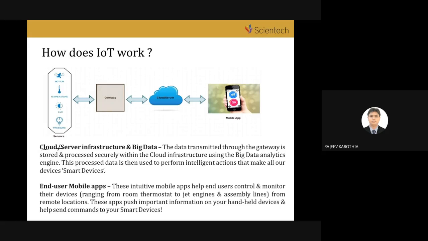The third part is your cloud services, the cloud server infrastructure, or we can say big data. Whatever data we have from the different sensors, we have to manage all of it here. We have to define some tables where we can store our daily data and monthly data, and then you can do analytics also.